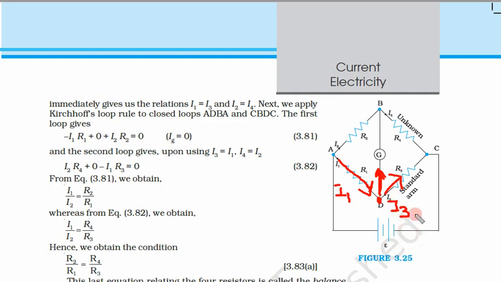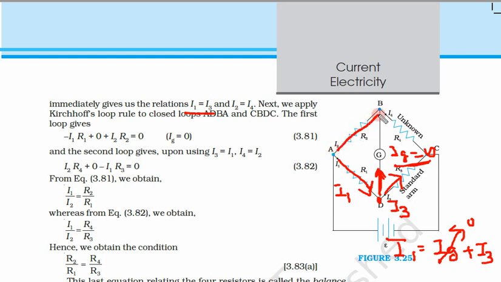But for this balanced case, we say that current Ig must be equal to 0. So I1 is equal to Ig plus I3. But for the balanced case, this current must be 0. So the first condition is I1 is equal to I3. Similarly, I2 is the current going towards junction B.